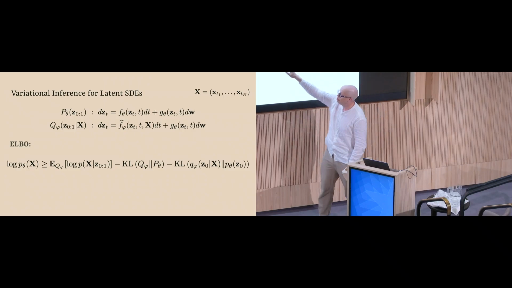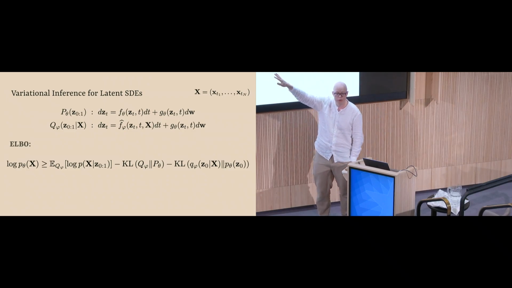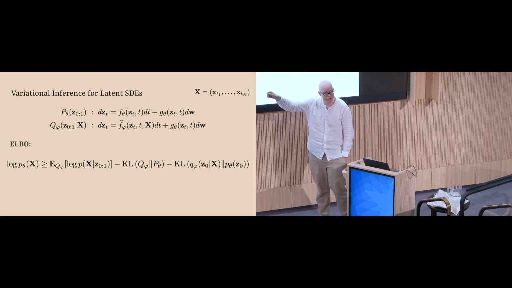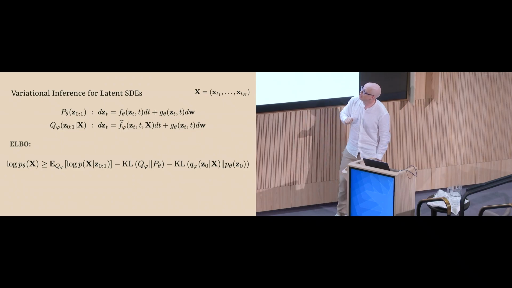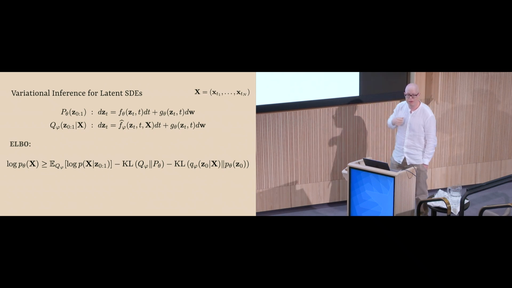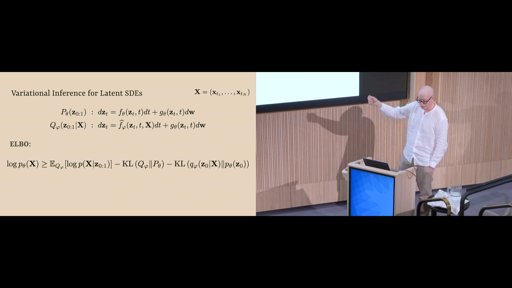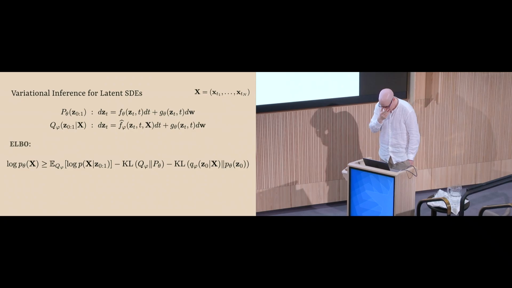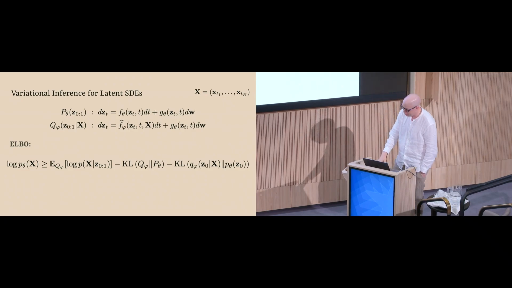One way to do this is to just simulate numerically the SDE Q and evaluate these using Monte Carlo, and then just backprop through everything. Use automatic differentiation tools that we have in PyTorch, JAX, and so on, right? This has been tried.